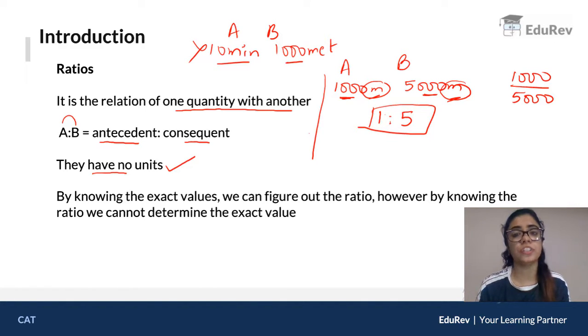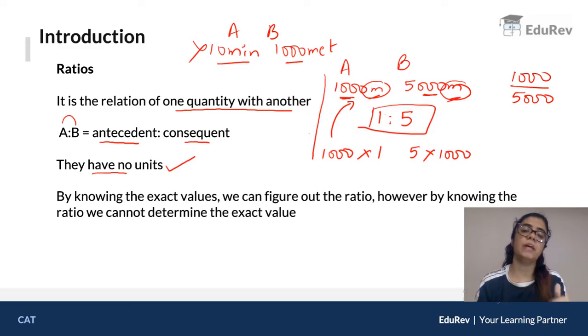and it is your lowest reducible form. Now if I multiply, देखो 1 with 1000 and if I multiply 5 with 1000, I get my original value. ठीक है, so if I multiply 1 with 1000 and 5 with 1000, I get my original value. So this 1000 is called as the multiplying factor.